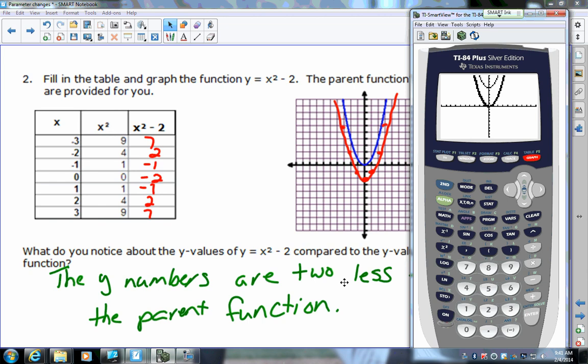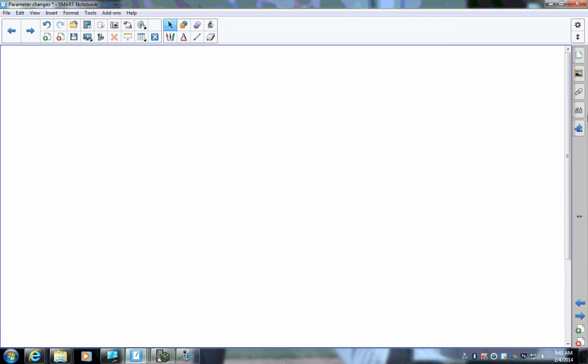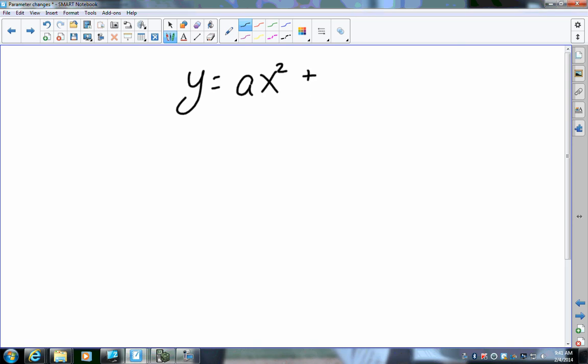Okay? So on your paper down there at the bottom, here's what I want you guys to understand. y equals ax squared plus or minus c. At the bottom of that paper right there, this number right here shifts the parabola up or down.